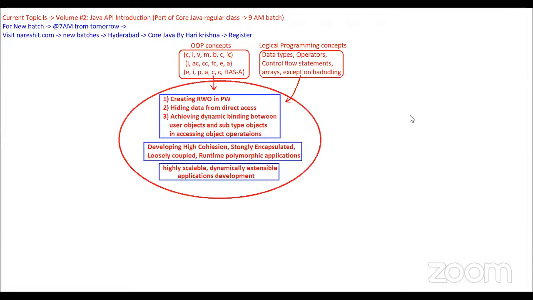I want to create a student project, employee project, bank account project, online shopping cart project, Paytm project, ticket reservation system project. Any project you want to develop, you have to create a basic program structure. While performing this logical programming from one project to another, a lot of the logic is the same.